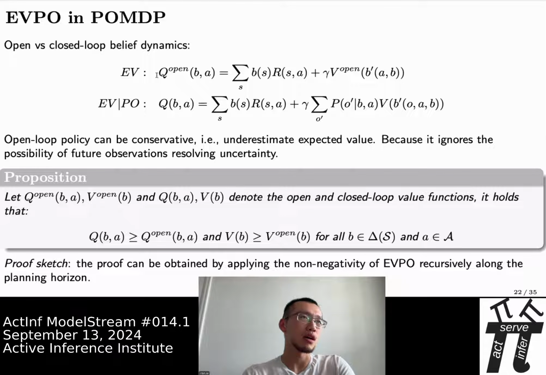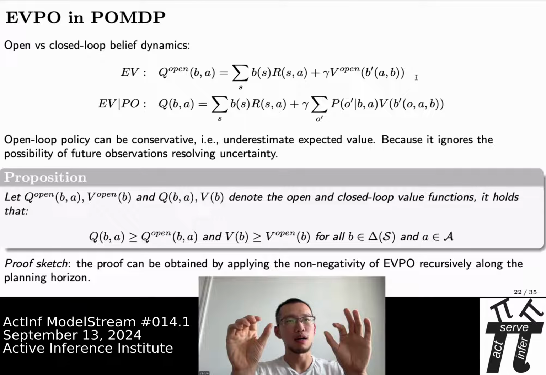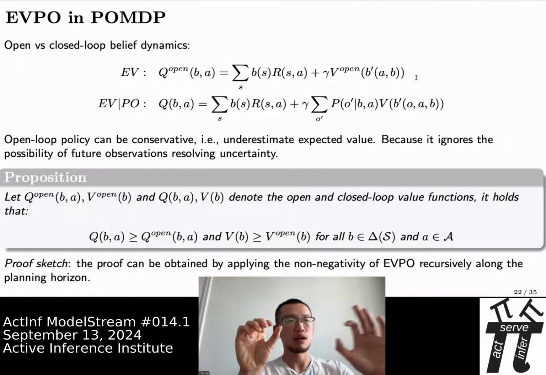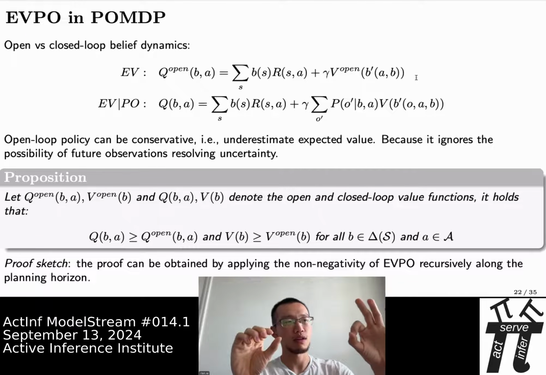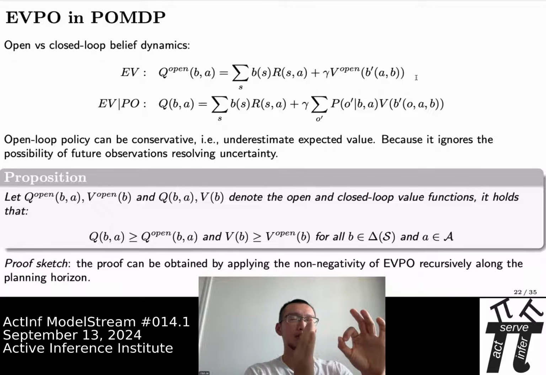Because the definition of the expected value uses open loop dynamics, it serves as a bridge between the Bayes optimal policy and the active inference policy, where the open loop policy is in the middle, because this open loop value function takes one term from the Bayes optimal policy and takes another term, the belief transition dynamics term, from the active inference policy.